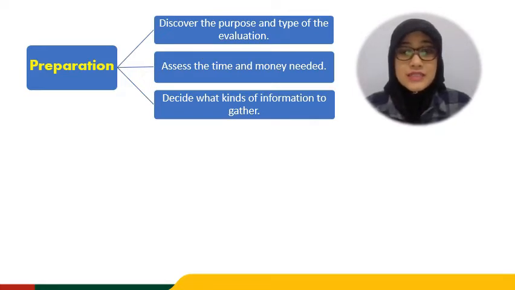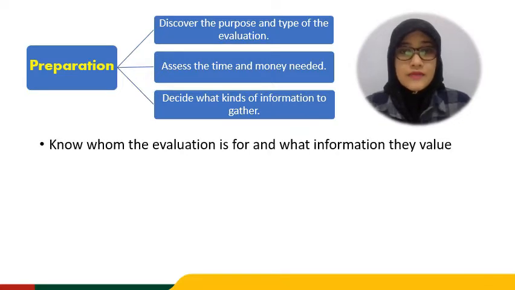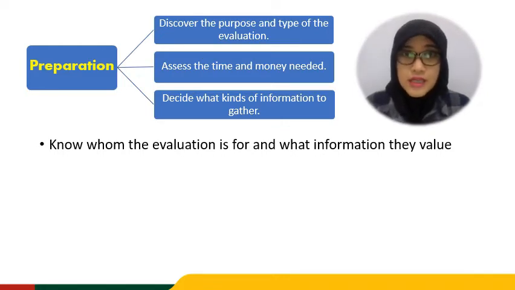How is this done? First, when you do an evaluation, you need to know whom the evaluation is for and what information they value. This will be useful to understand whether you have to keep the data confidential, so that only certain people can see it, not the public.